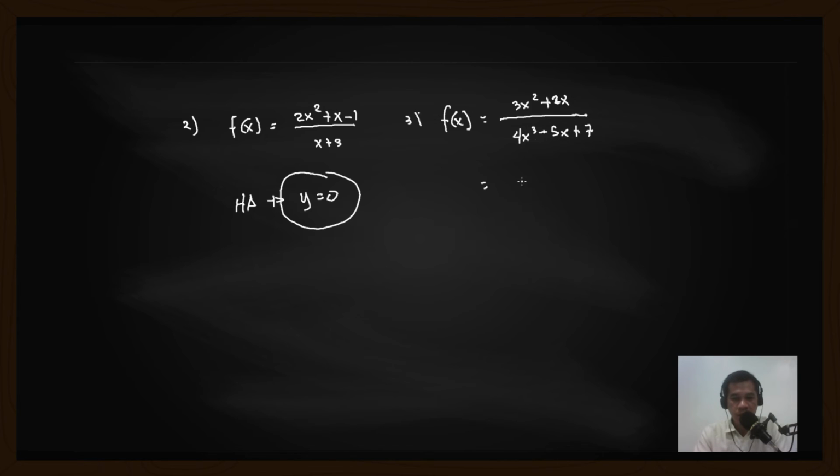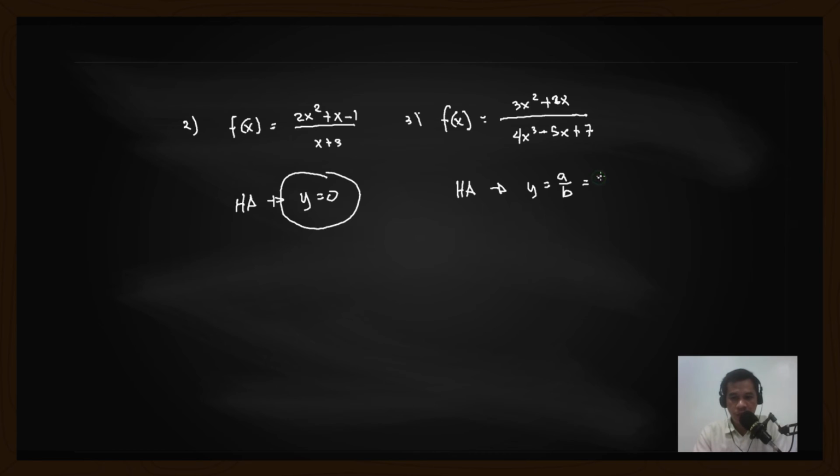Then the next thing we do is compare the exponents. As you can see, the exponent in the denominator is greater than the exponent in the numerator. So our horizontal asymptote is equal to a over b. Our leading coefficient in the numerator is 3, and in the denominator is 4. So we have y is equal to 3 over 4 as our horizontal asymptote.